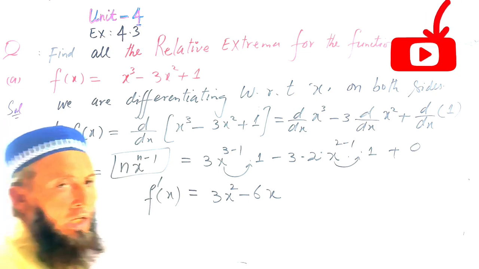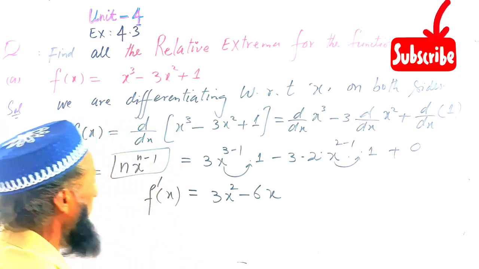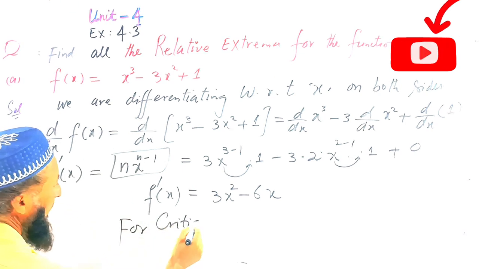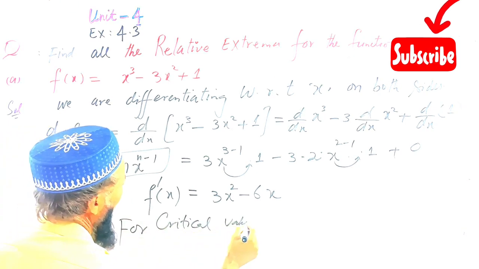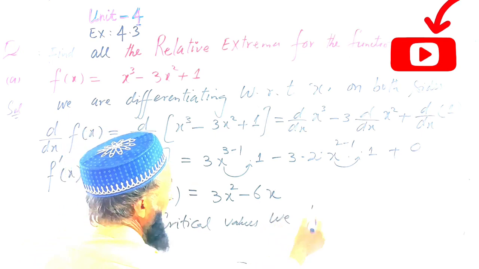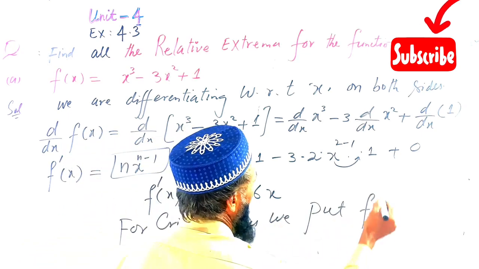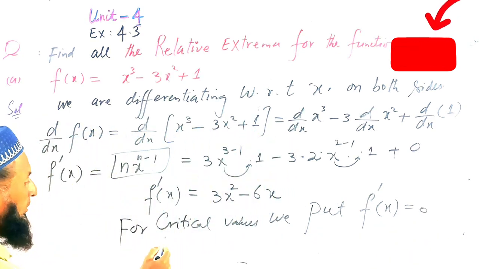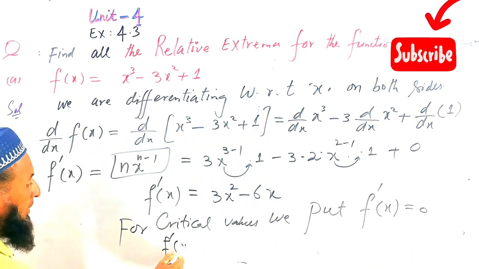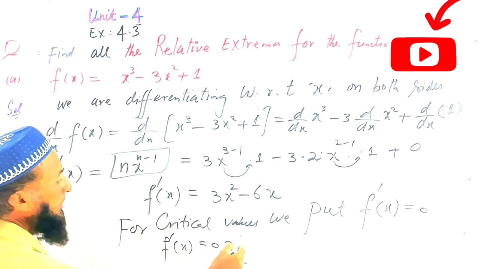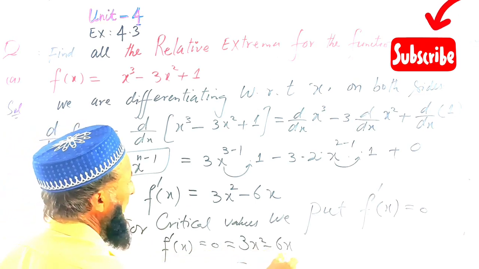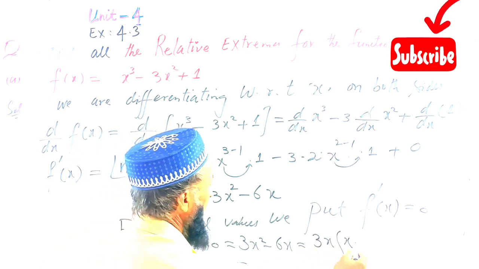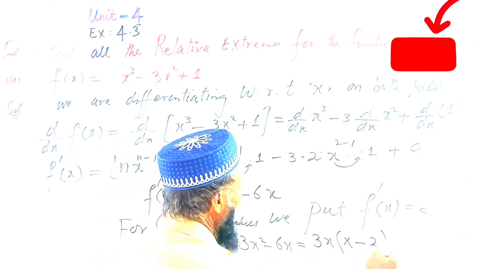Now we are finding the critical values. For critical values, we put f dash x is equal to 0. This implies that 3x square minus 6x is equal to 0. Here we take 3x common, x is remaining, and x minus 2 is equal to 0.